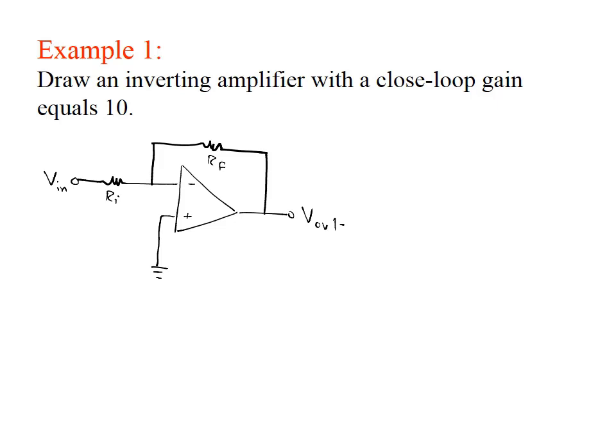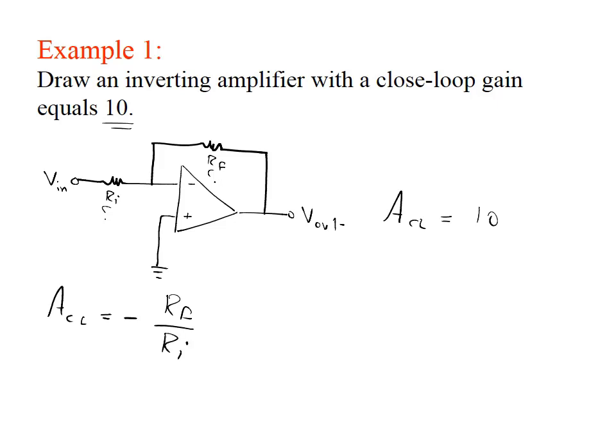So the only thing remaining now is what are the values of Ri and RF to give us a closed loop gain equal to 10. So the closed loop gain required is 10. Okay. And for the inverting amplifier, as we saw in the analysis, ACL equals minus RF over Ri.